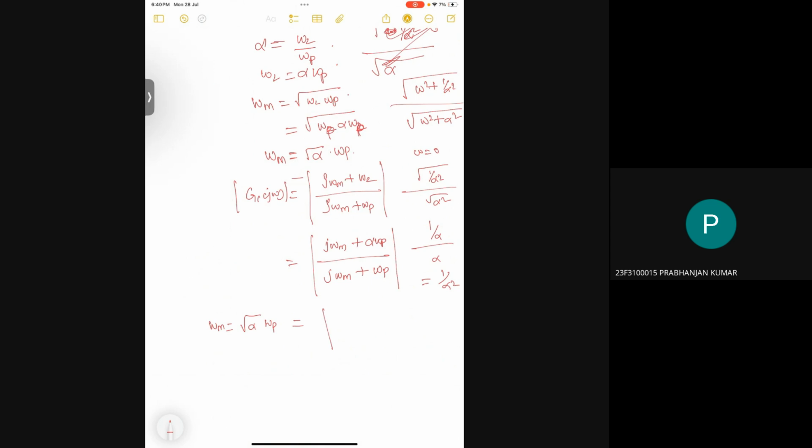So substituting omega m here, the same j won't be coming here, right? Just omega m. So alpha omega p into alpha. Again, this is not coming properly. Why? I think I'm making a mistake somewhere.